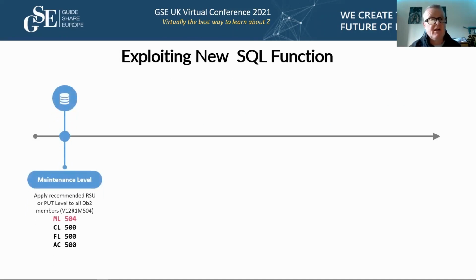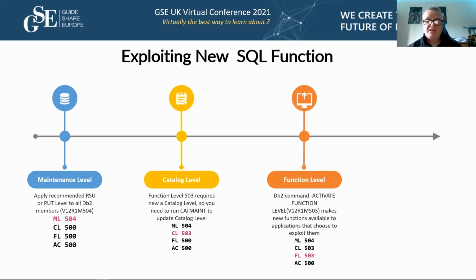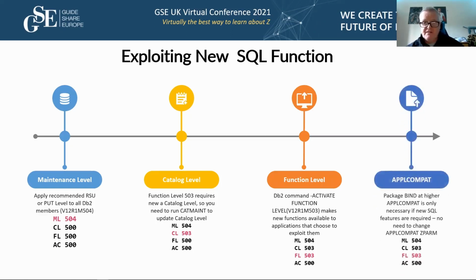This is just a picture. So this is good. So here we are. We've got a maintenance level of 504. So that means for a catalog level, we need to have a catalog at least 503. So we've done the 503 CATMAINT, so that's good. Function level, then we moved up to 503, so that's happy as well. And then at the end, you've got your APPLCOMPAT stuff.